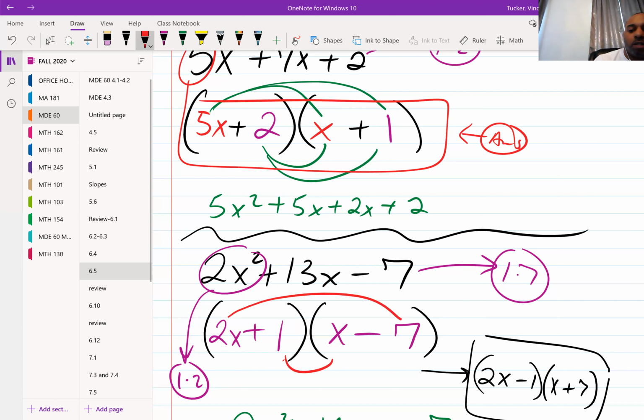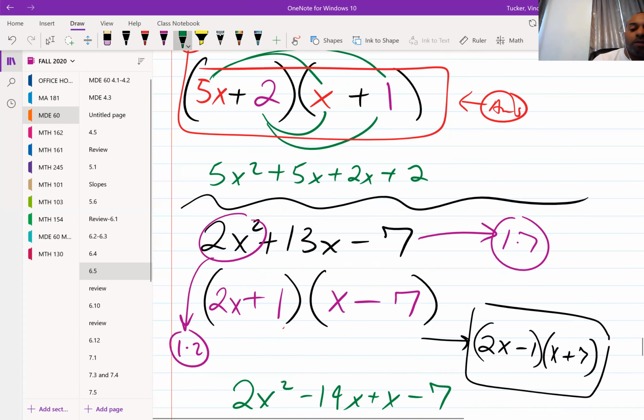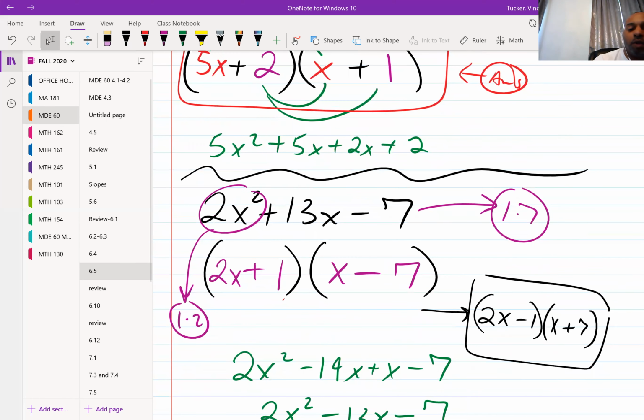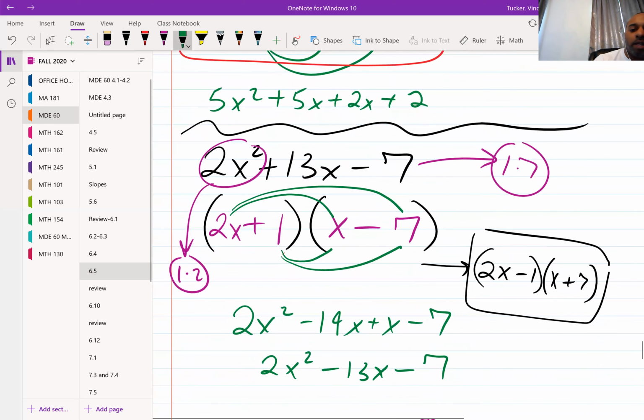All right. So now we have to be careful here, because this is why it's important that you check when you do your factorization or foiling out. If I were to foil these out, I get 2x squared minus 14x, pull this out, x minus 7.